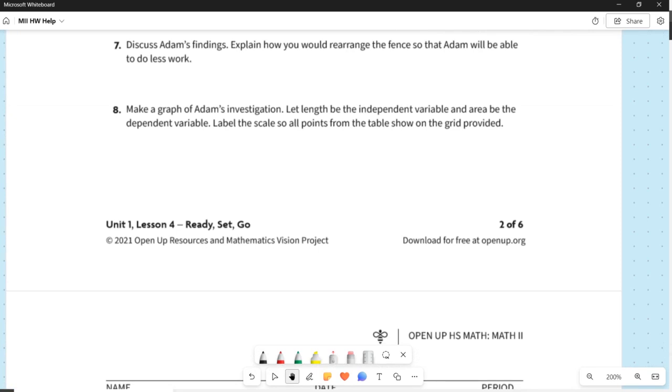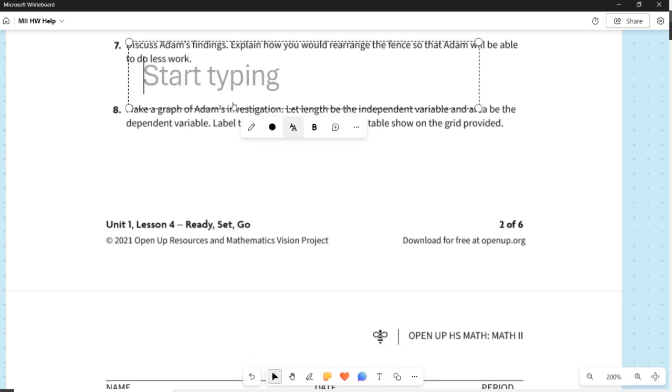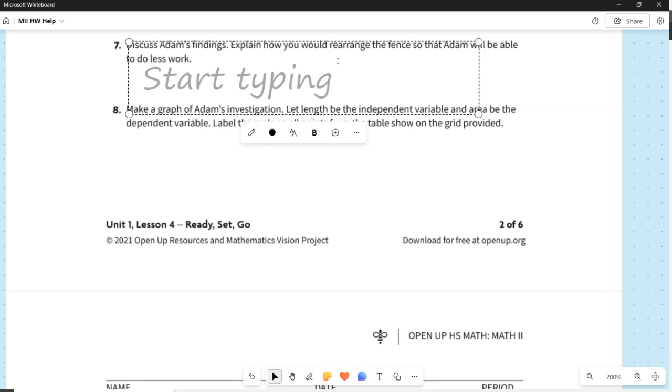Question 7 says, discuss Adam's findings. Explain how you would rearrange the fence so that Adam will be able to do less work. With an open-ended question like this, you can include any number of pieces of information.